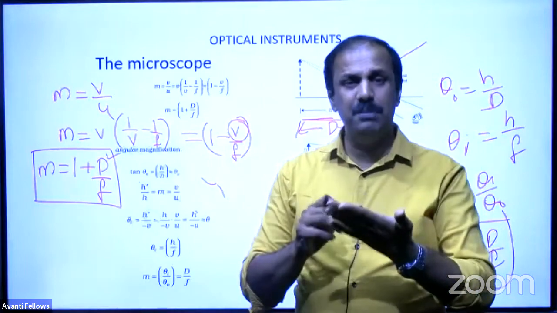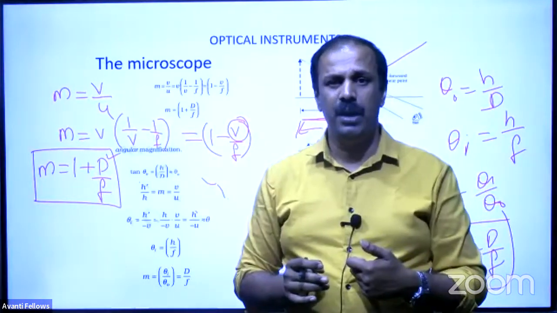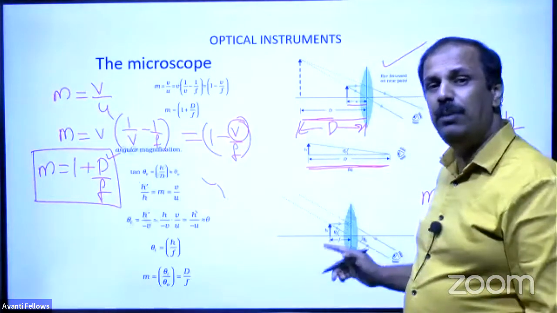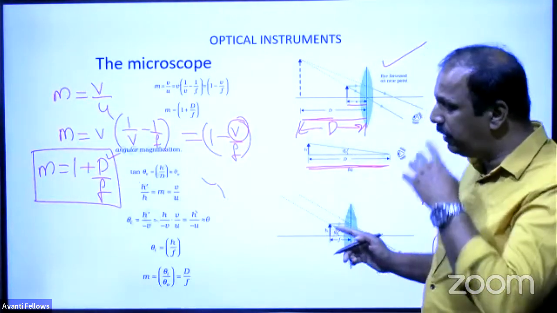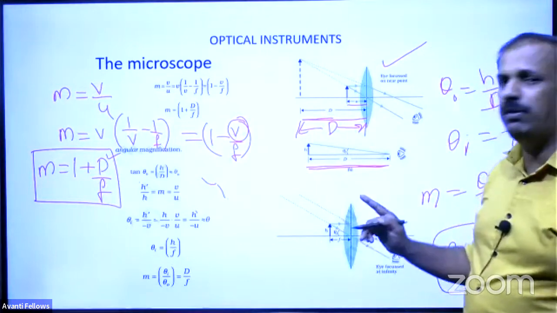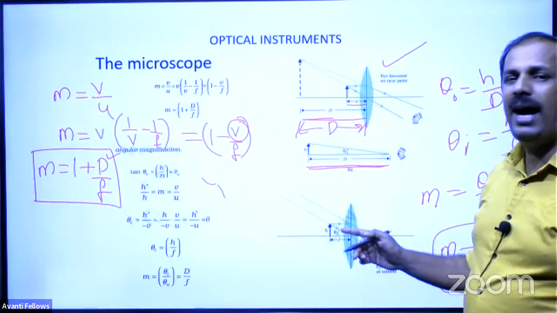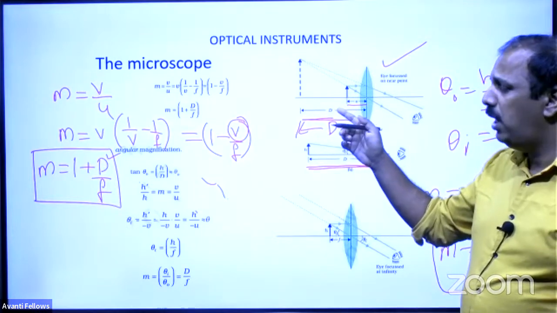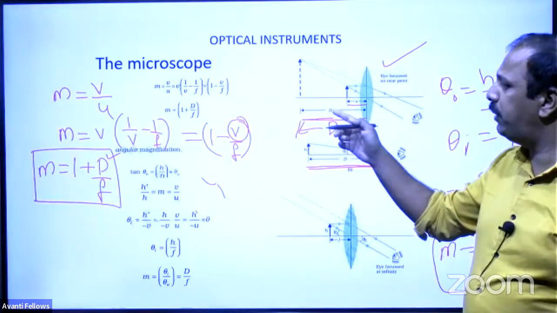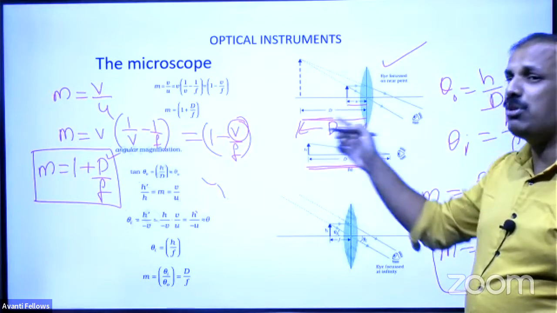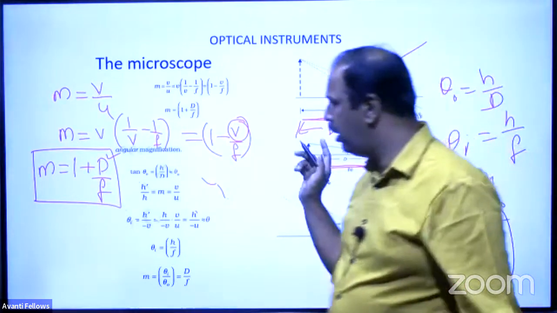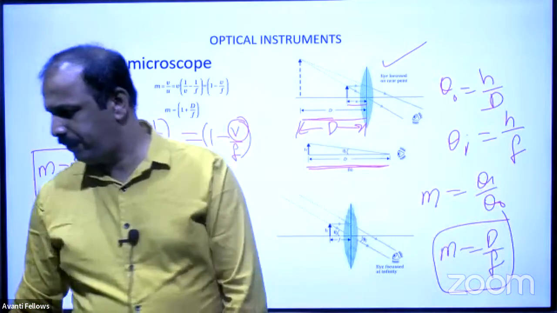And when you are reading something, you will get a strain after some time. So even though the magnification is a little bit less, we will prefer this one because the eye is relaxed. And the other one we will not prefer because we will have strain, even though the magnification is more. Okay, so we'll go to the next one now.